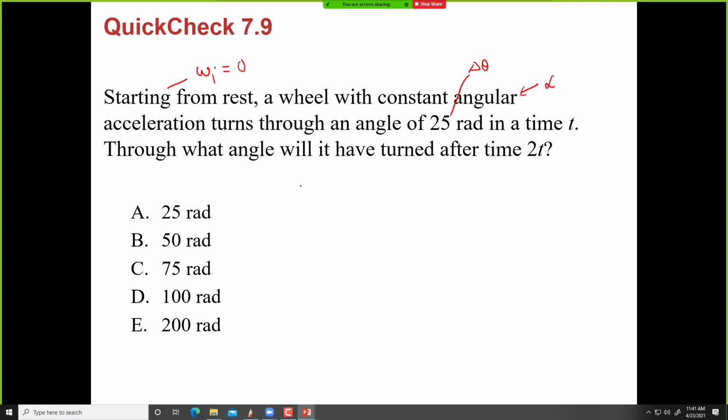So delta theta, you need to use one of the formulas. Which formula should we use?